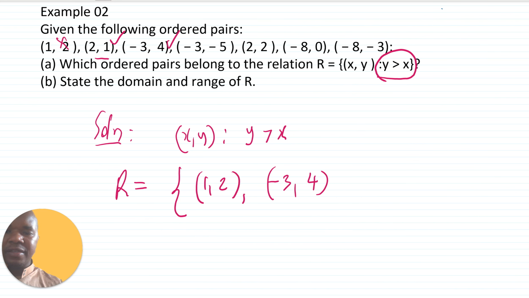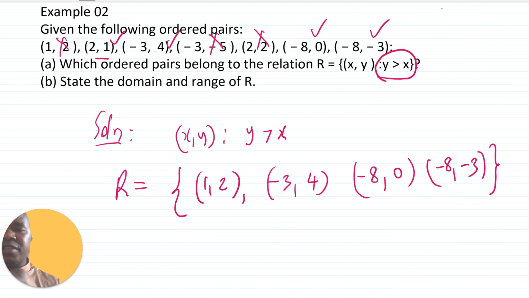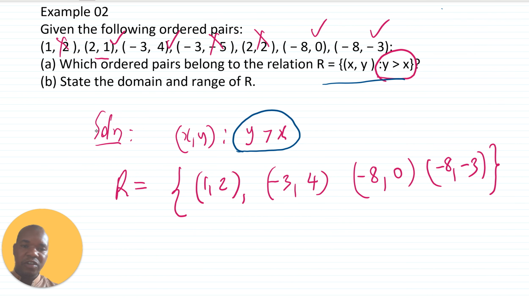This one here does not satisfy also. This one here does not satisfy, and this one here does satisfy. So (-8, 0). And the next one, dear students, is (-8, -3). From all these, you can see that this condition is satisfied. So which ordered pairs belong to the relation R here? We have seen that the ordered pairs are these ones.